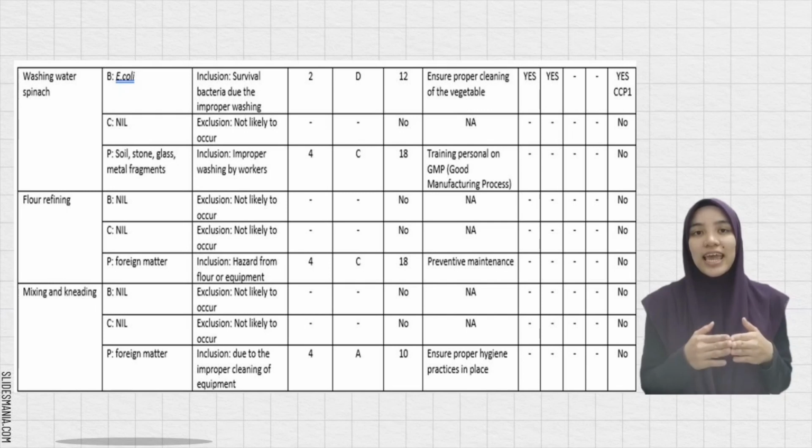Next is the mixing and kneading. The potential hazard found is physical, which is foreign matter due to improper cleaning of the equipment. The severity is 4, which can generate a customer complaint, and the likelihood is type A, which is a common occurrence. To control this, we need to ensure proper hygiene practices are in place.